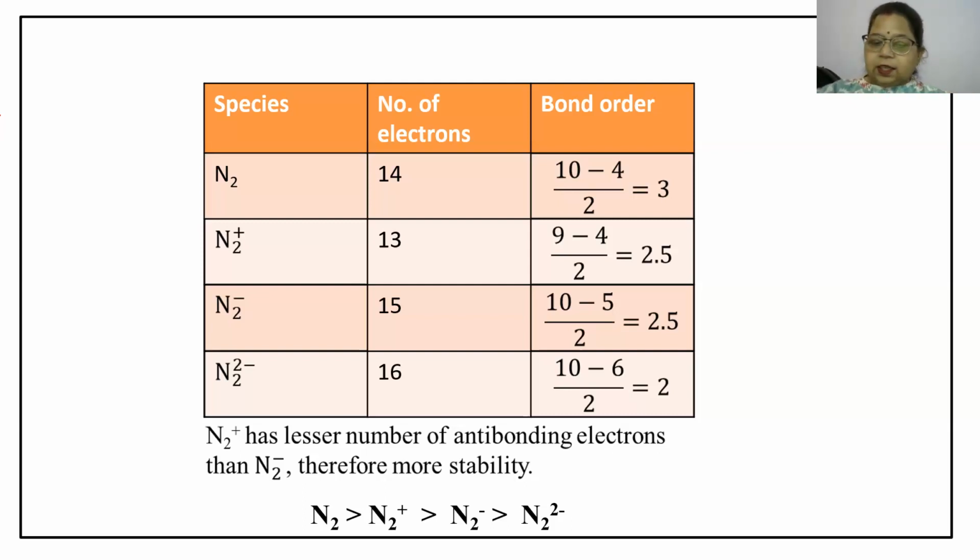That means the stability of N2 plus 1 and N2 minus 1 should be equal, isn't it? Since both the species have the same bond order, their stability should be equal. Are you clear about my question or not?